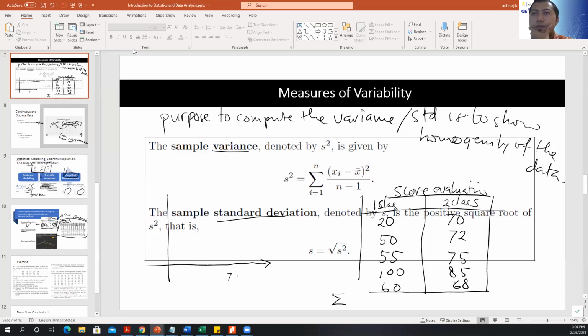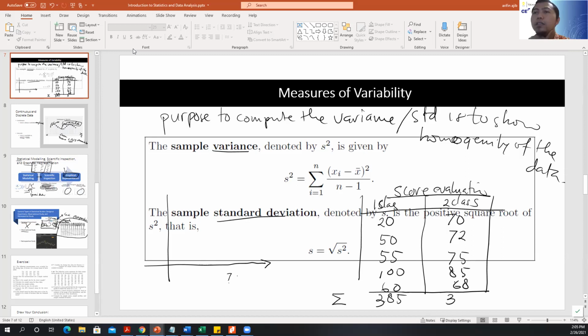Can somebody help me? What is the total here? The total of each class. First class. 285, sir. 285. And how about this one? 370, sir.